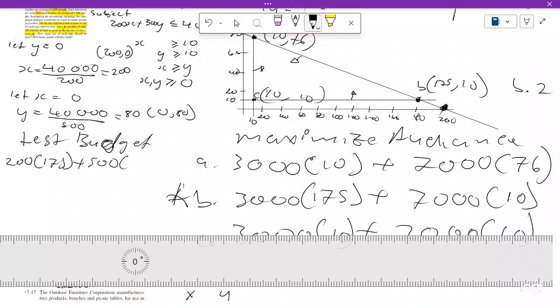What is your y? Your y is 10. It must be below 40k. Let's see. It equals 40k. Our optimum is within the stipulated budget.